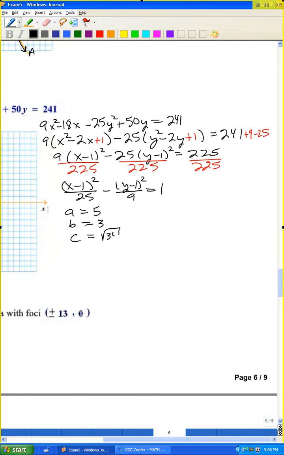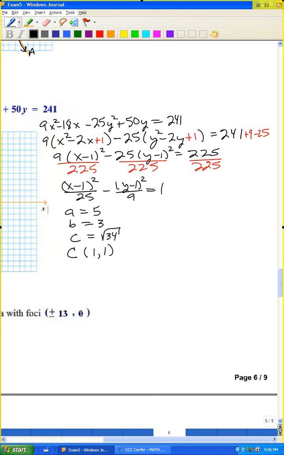So c is the square root of 34, same as before. The center is at the point 1, 1. The positive sign is in front of x. And so the real axis, the focal axis, will be along the x direction.